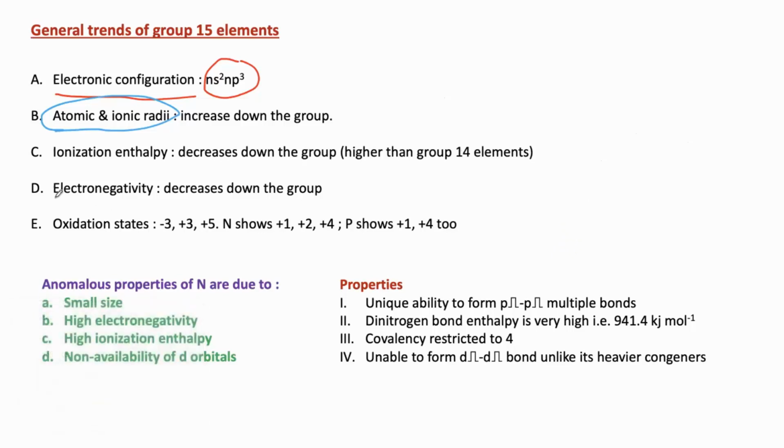This is electronegativity, because in a specific group, if we go from top to bottom, the electronegativity of the atom generally decreases. So if we go from nitrogen at the top to bismuth, bismuth is actually a metal which is electropositive in nature, but nitrogen is a non-metal.